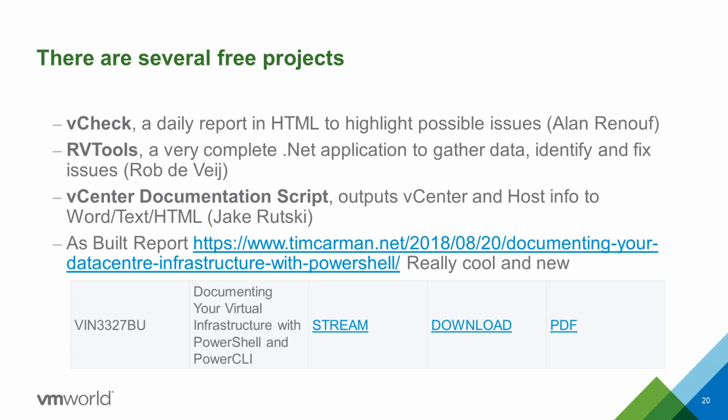What's going on? It's meant to be sent as a daily report to your inbox. But even if you run it just once in a while, it's a great project, and it gets updated all the time. We have taken a lot from the vCheck code into vDocumentation.